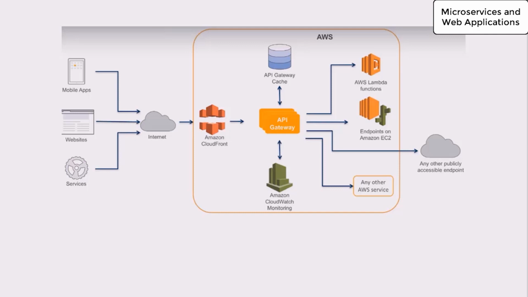Whatever request comes to the edge location of CloudFront will then be transferred to API Gateway. From API Gateway, it can trigger a Lambda function or some services from EC2 instances or any other services you can utilize from that particular point. Here API Gateway can work as a load balancer or redirector of service, and it will act upon how the request has been made.